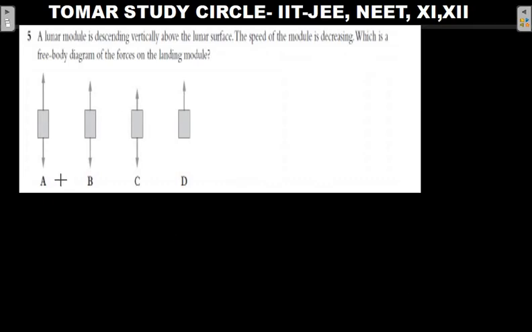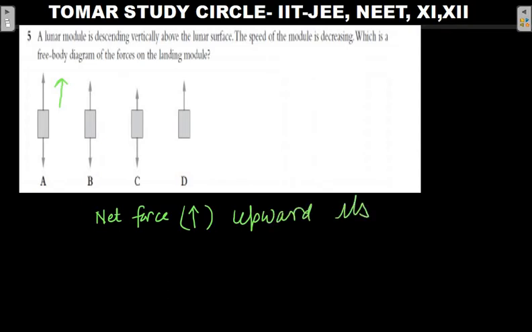From here we see that in option A, the net force is acting vertically upward. Since the upward force is greater than the downward force in this case, in option A the net force will be upward, or we can say that its acceleration will be upward.